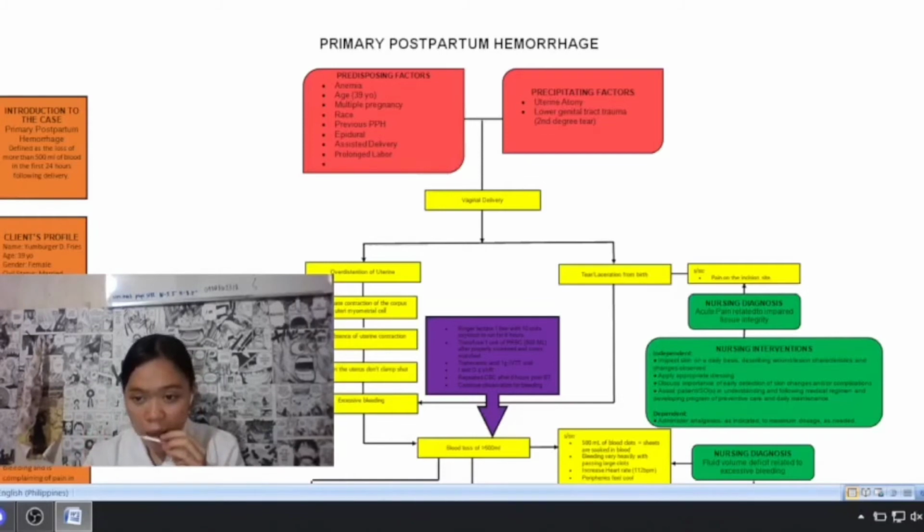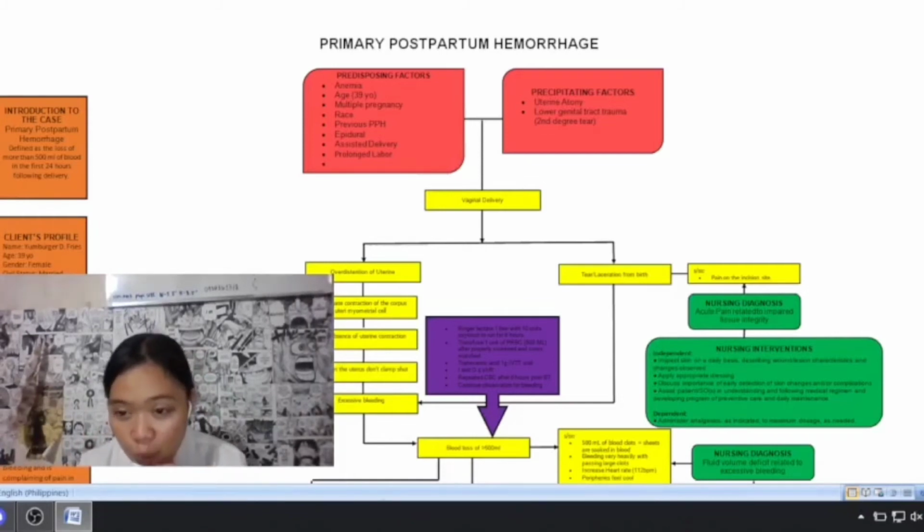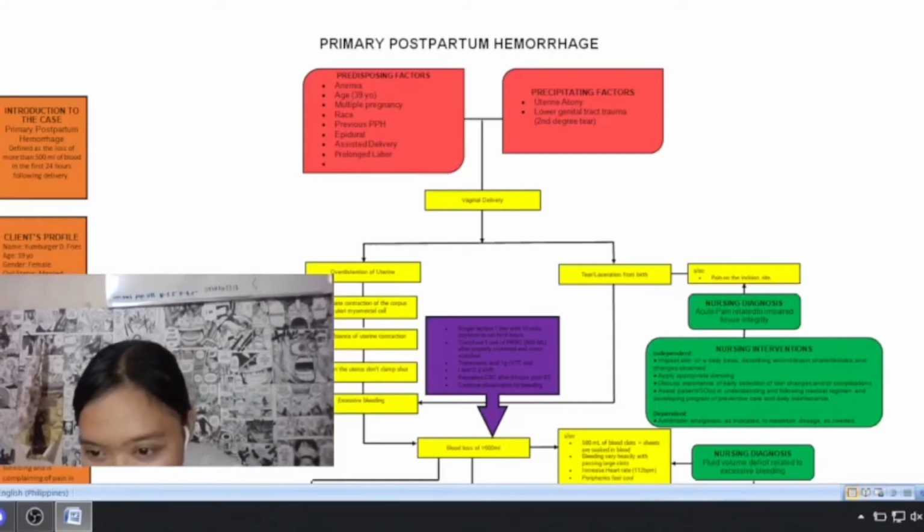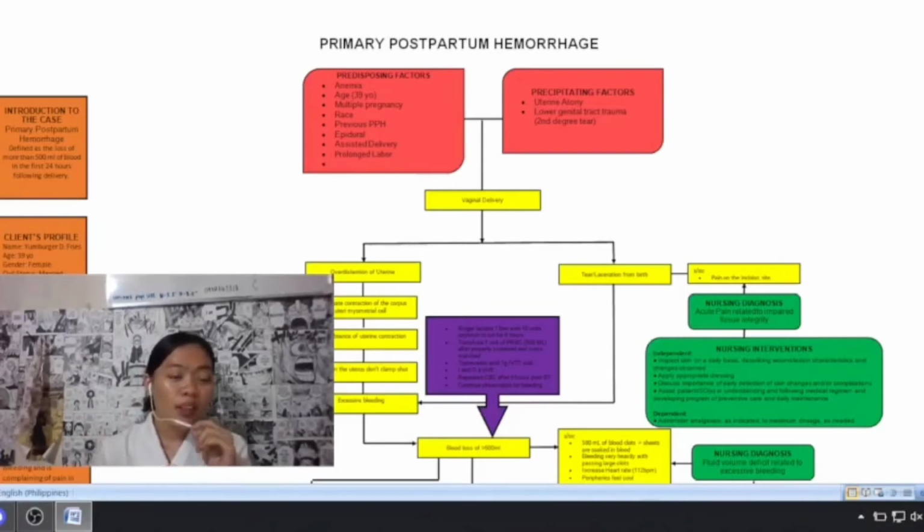Then there is bleeding very heavily with passing of large clots. According to my research and the book that I read, heavy lochia plus passing of clots indicates low contraction. So, low contraction means excessive bleeding, with blood loss of more than 500 ml.